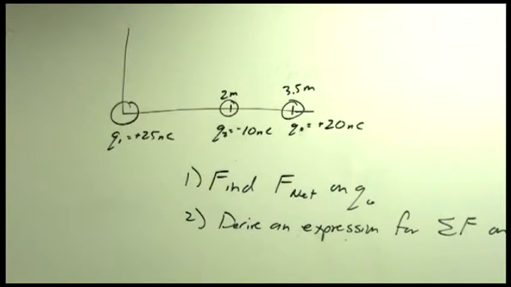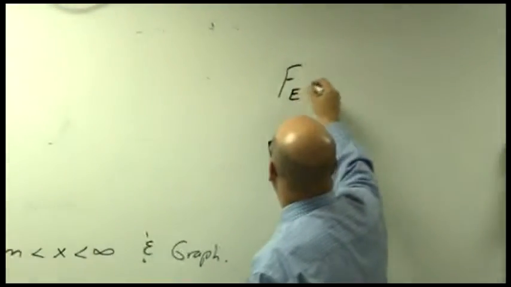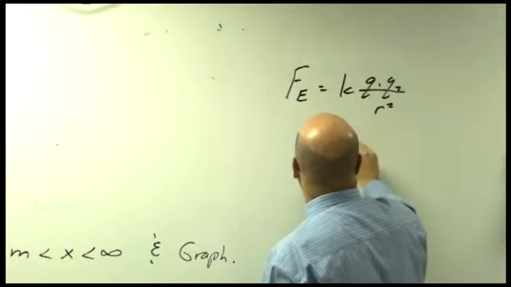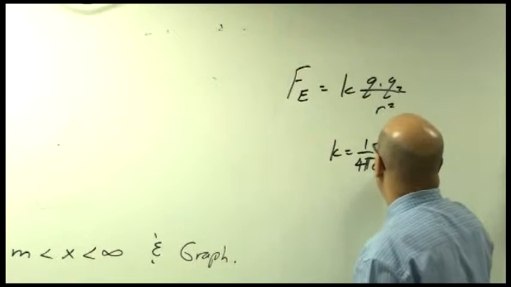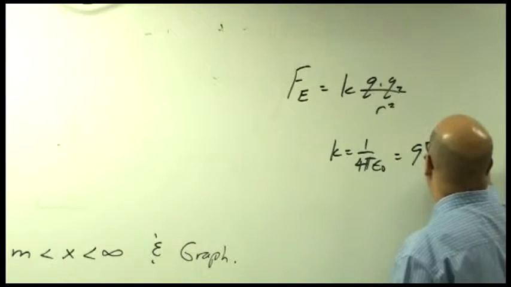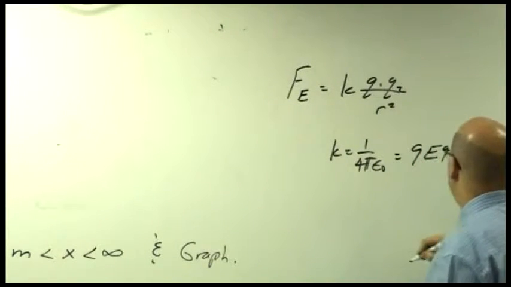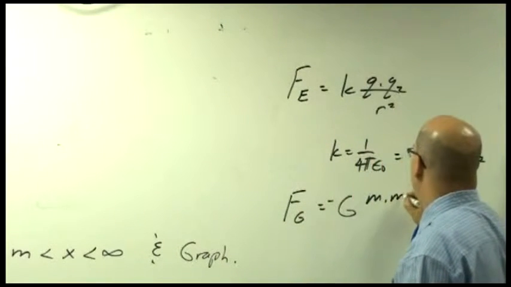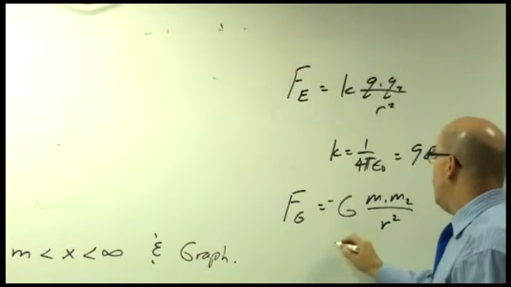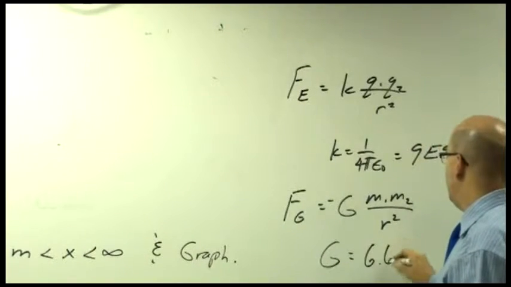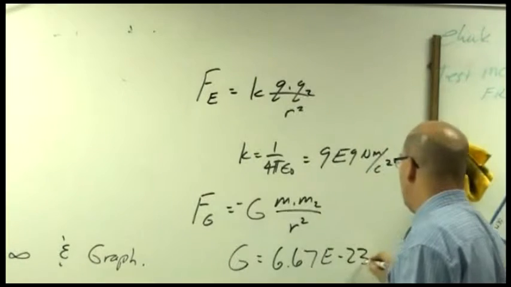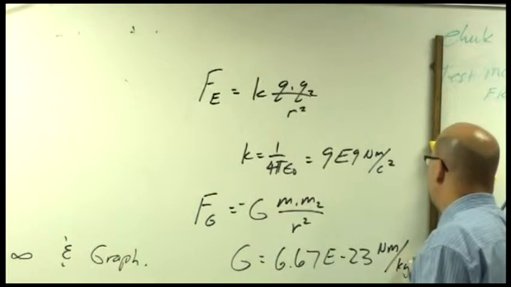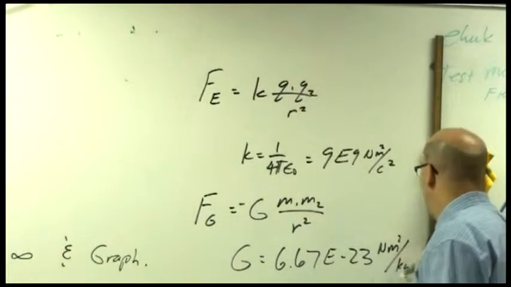And the reason why is because the electric force is K Q1 Q2 over R squared, and our K constant, which is 1 over 4 pi epsilon naught, is 9e9 Newton meters squared per Coulomb squared, and the gravity force is big G M1 M2 over R squared, and big G is 6.67 e to the negative 23rd, is that right? Newton meters squared per kilogram squared.